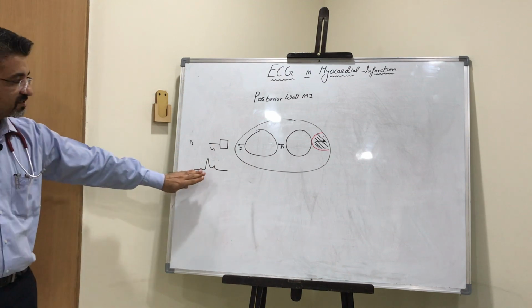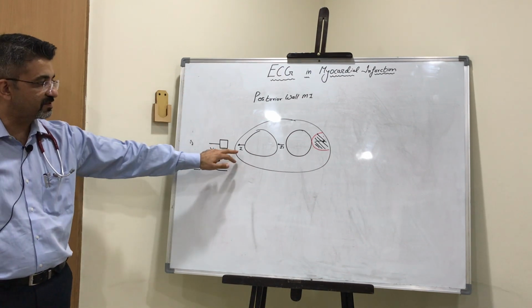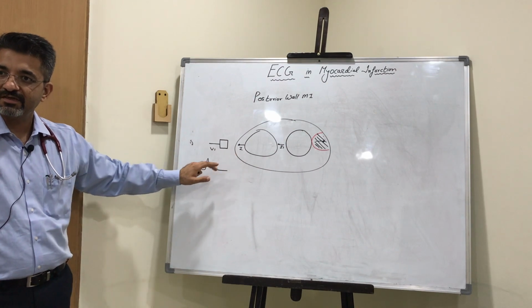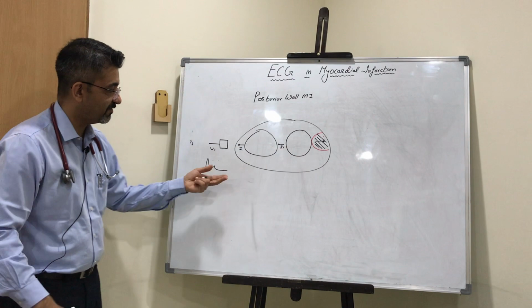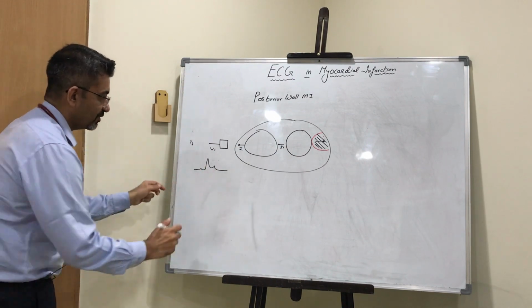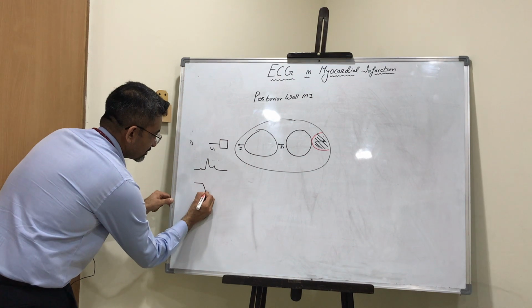Right? Nothing is negative. That doesn't mean that the infarction is here. It is the fully evolved phase of the posterior wall. We just have to put a mirror. If we put a mirror, what will happen? It will look like this.